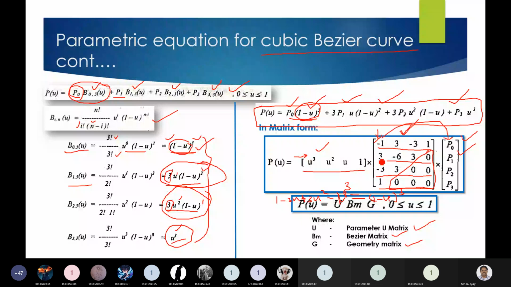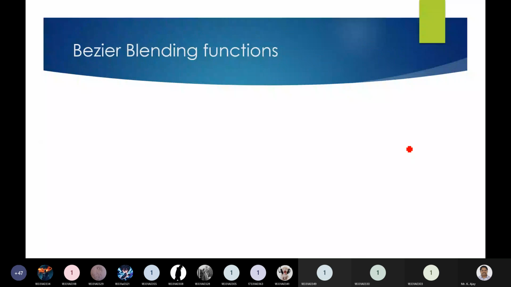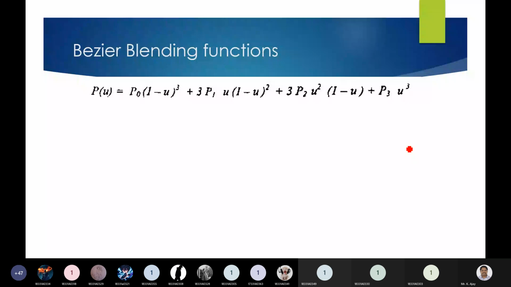Now coming to Bezier blending functions, as I told you, blending functions are nothing but the coefficients in the final parametric equation of the cubic Bezier curve, right? So these coefficients of the control points, 1 minus u whole cube and 3u into 1 minus u square, are called blending functions, which influence the overall shape of the curve. Why? Because if the value of 1 minus u whole cube is more, then P naught's influence would be more on the curve, right?